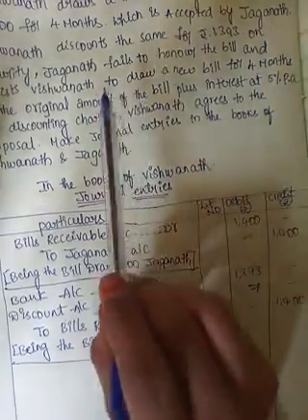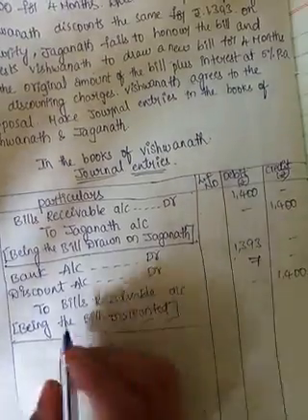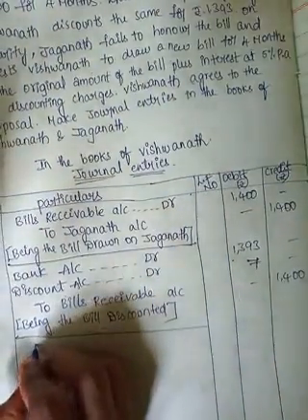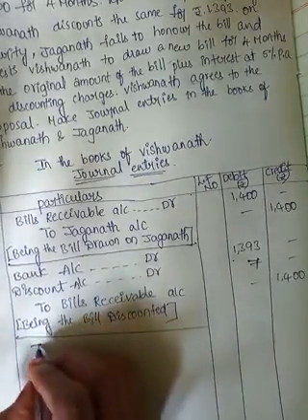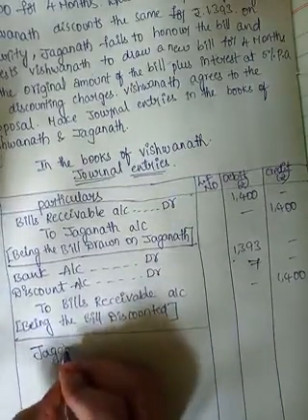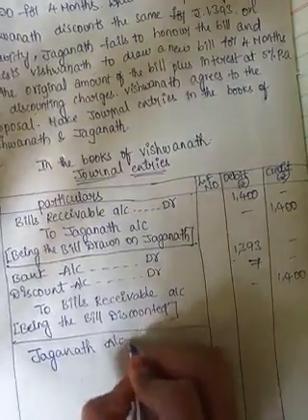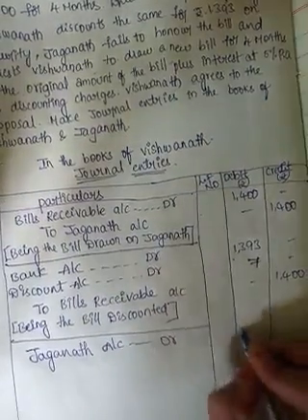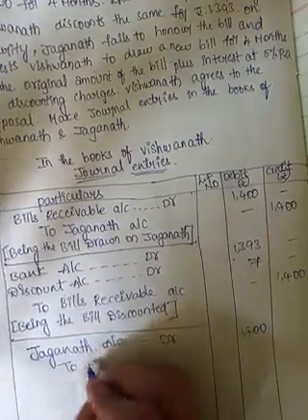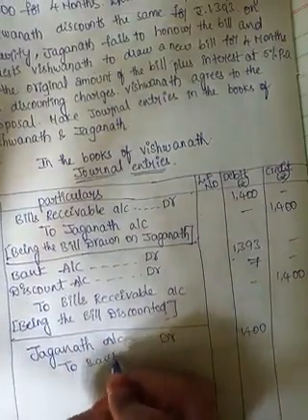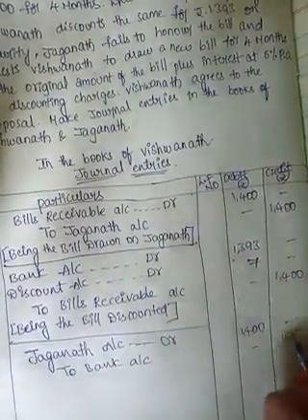For that, the entry is: Jagannath account debit 1400 to bank account 1400.